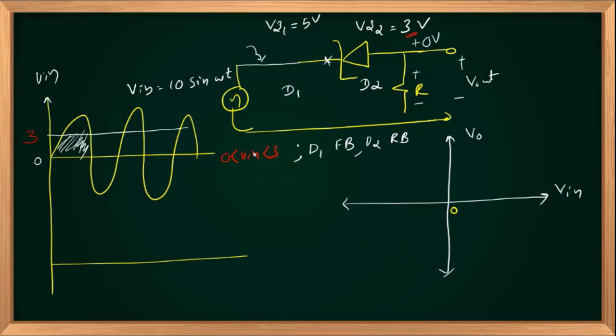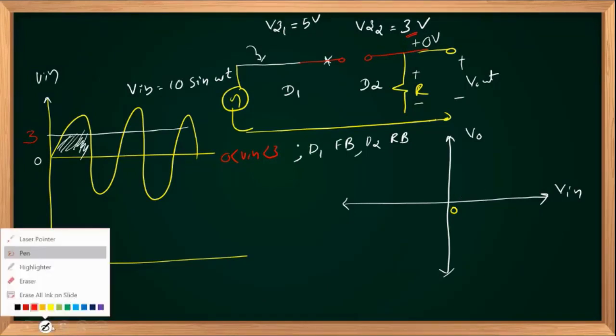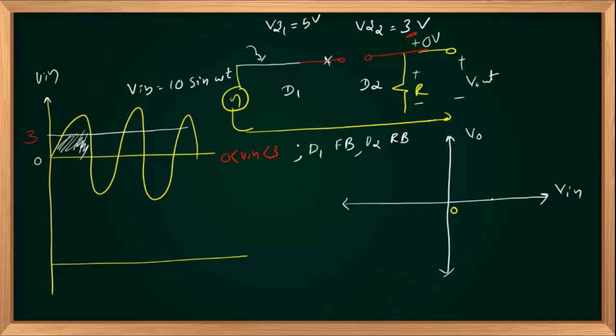D1 is forward biased, D2 is reverse biased before breakdown. So before breakdown, you should replace your D2 with an open circuit, right? So if your V in is between 0 and 3, positive, D1 is short circuited, D2 is open circuited.